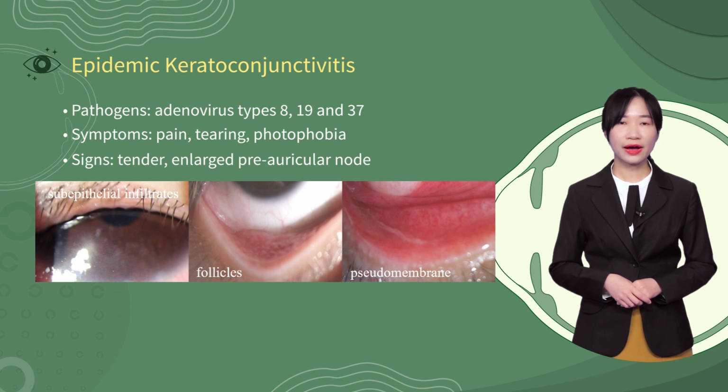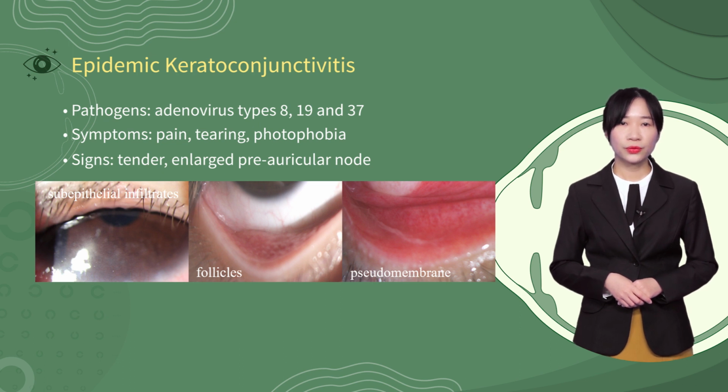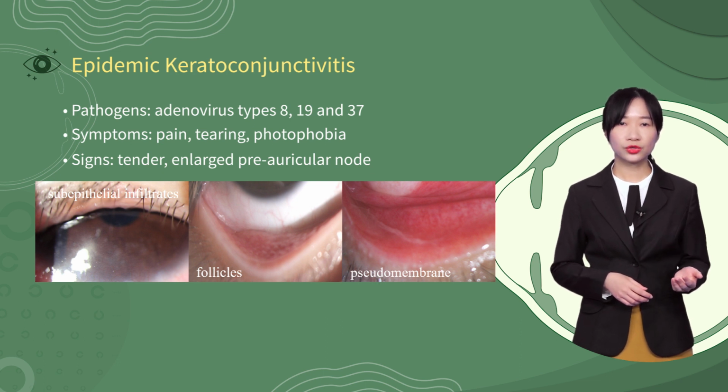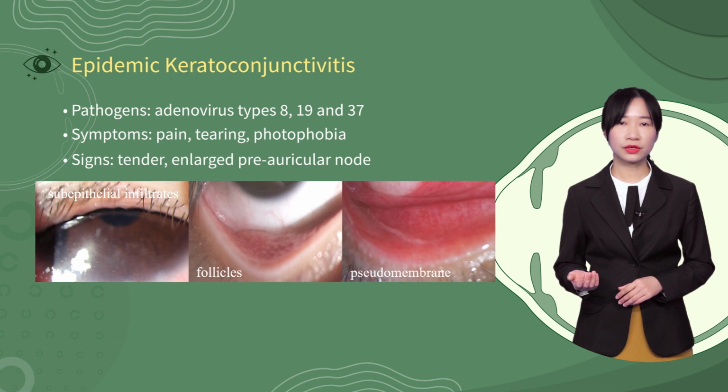The contralateral eye generally will be affected 1 to 2 days later. On physical examination, we can find conjunctival hyperemia and follicles. Most patients have tender, enlarged preauricular lymph nodes. Severe inflammation may be associated with conjunctival hemorrhage and pseudomembrane. Punctate epithelial keratitis may also occur.